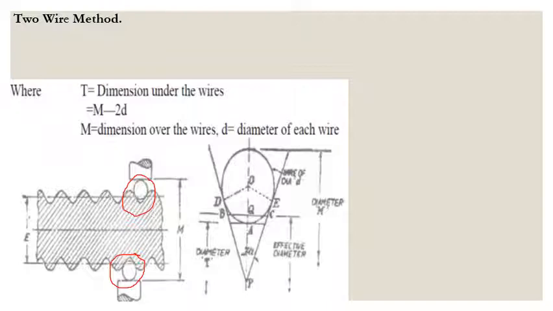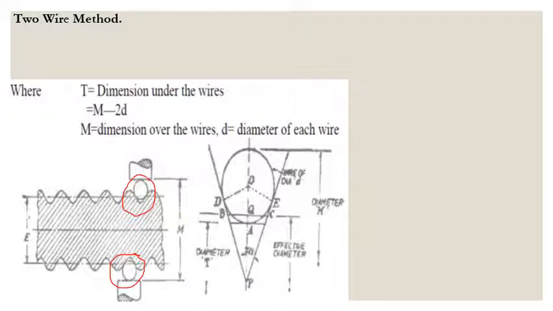Once we calculate M minus 2 times the diameter of each wire, we get the T value. T plus small p, the distance which we can call AQ, gives the effective diameter.